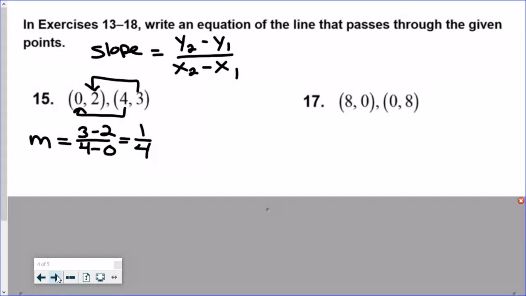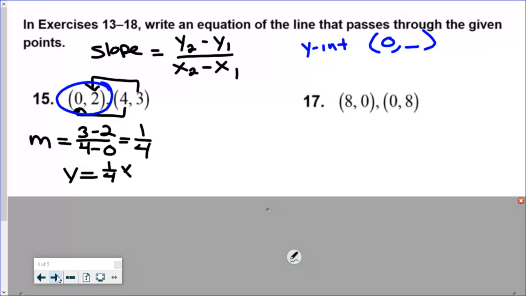Then I want you to look at the 2 ordered pairs. Remember, your y-intercept is the ordered pair 0, comma, a number. Is one of those my y-intercept? Yes. So my equation of the line in slope-intercept form is y equals, my slope is 1/4 times x, plus 2. And do you see this is my y-intercept of 2?